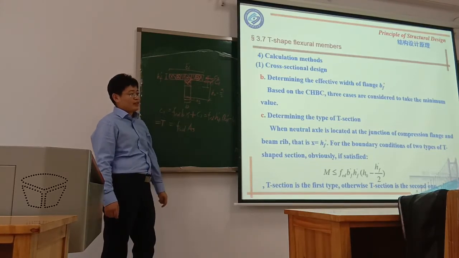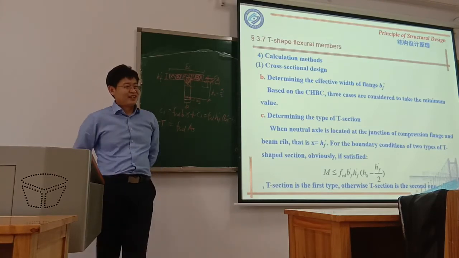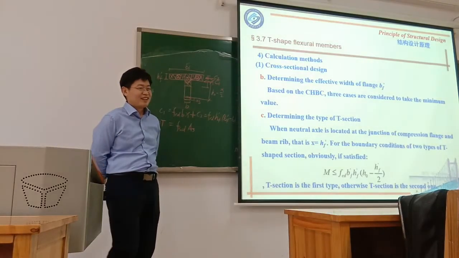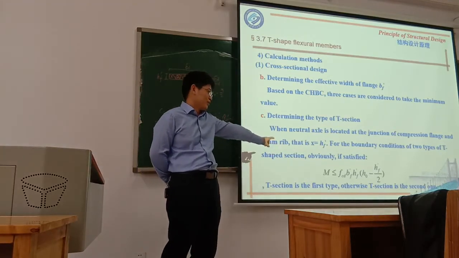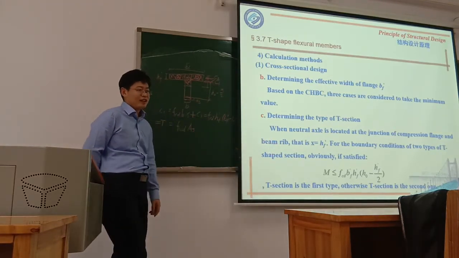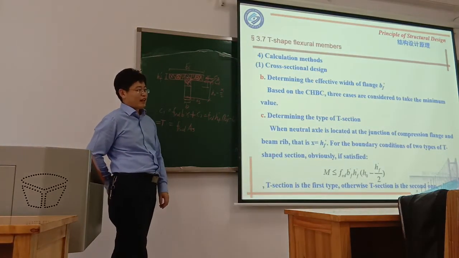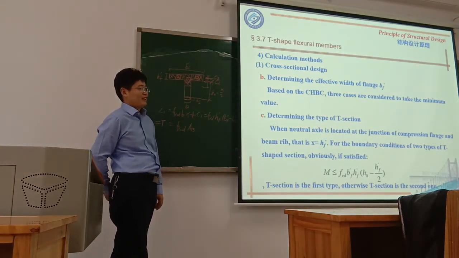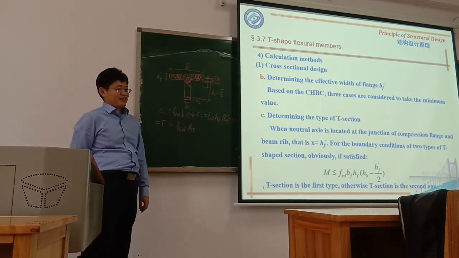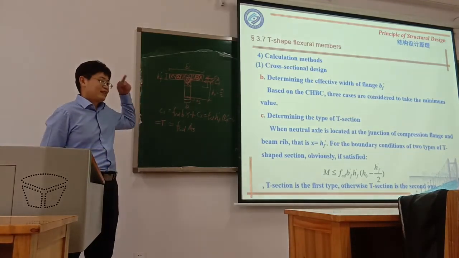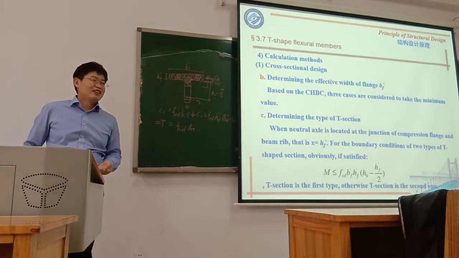That's type 2. If this MU is smaller than gamma MD, that is type 2. So you should understand it, not just remember it, understand it. Okay.